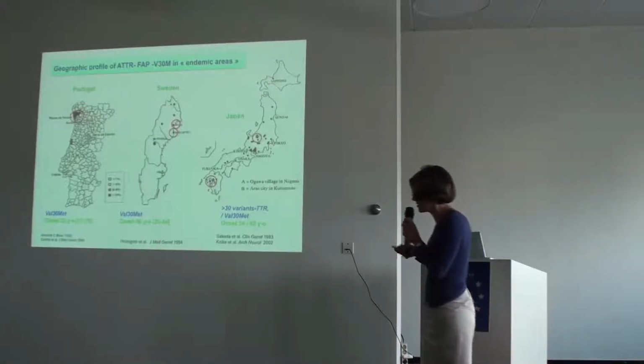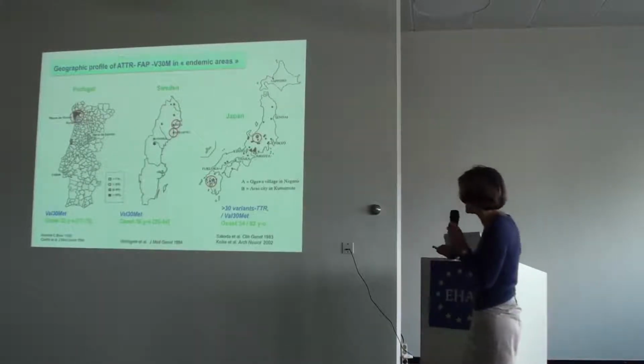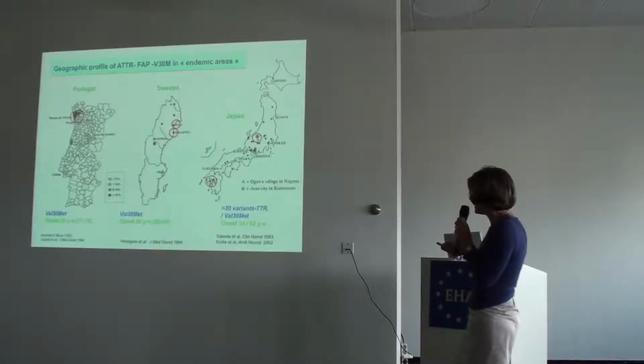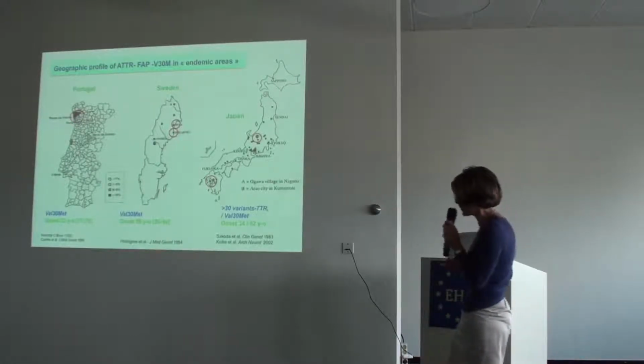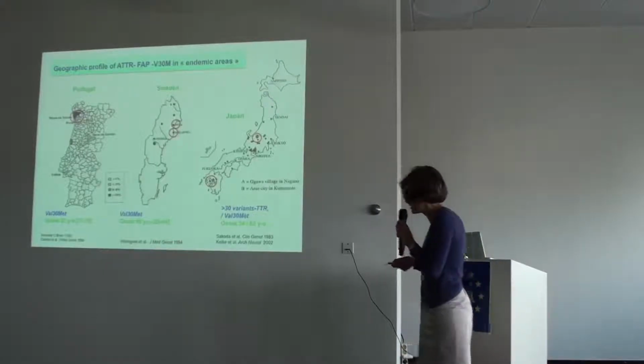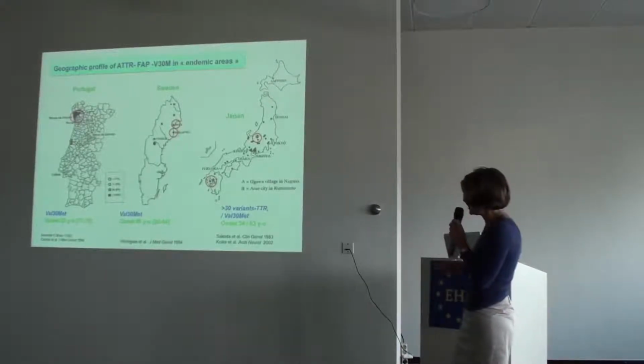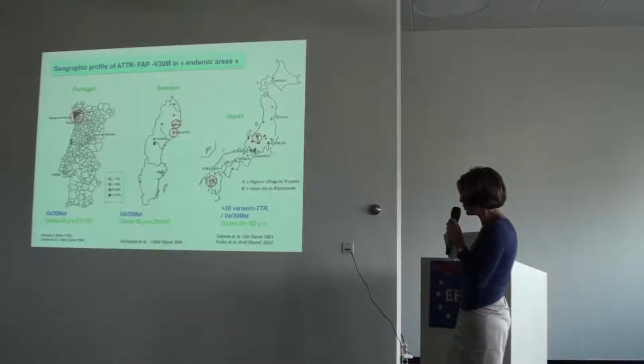Sorry for the Swedish accent, I think there is some Swedish colleague here. All the families in this area are also carrying the same variant, although it's probably a different historical mutation. And there, the disease starts much older, at 56 years old.